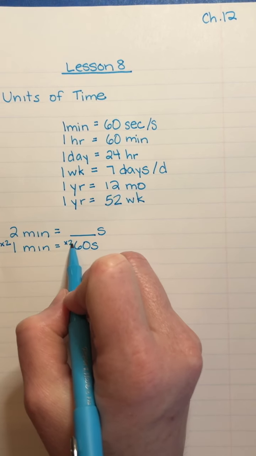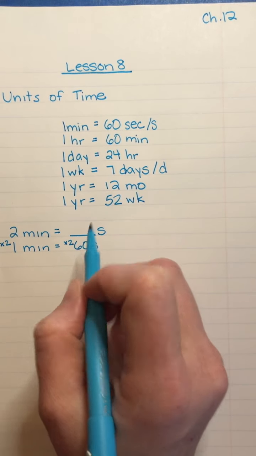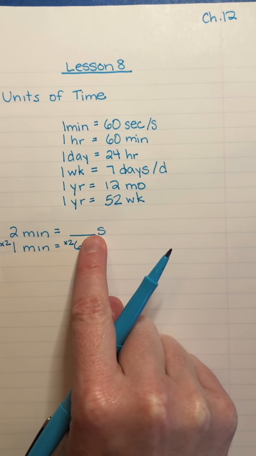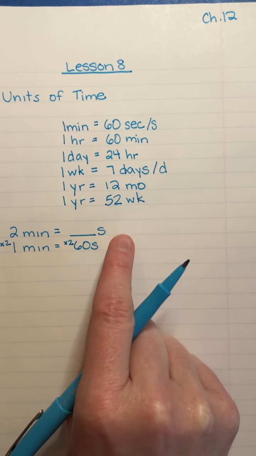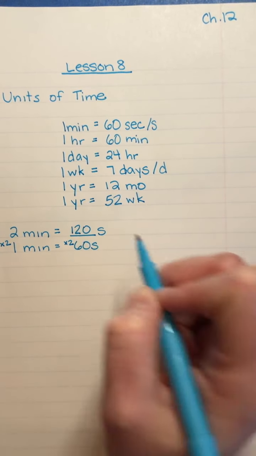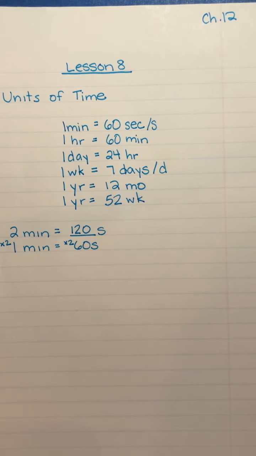Do the same thing over here. 60 times 2. If I cover up my 0 for just a second, I can do 6 times 2, which is 12, and then add that 0 to the end. So 6 times 2 is 12, plus the 0 on the end would be 120 seconds. Okay? So that's one example of a conversion you could make.